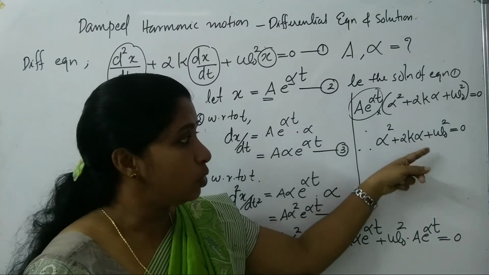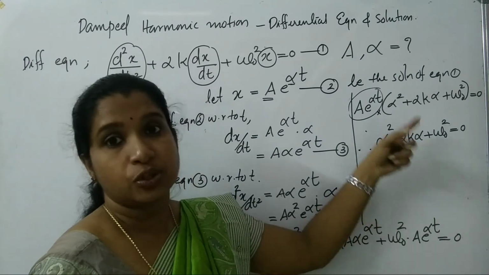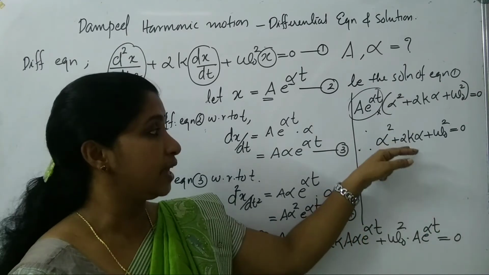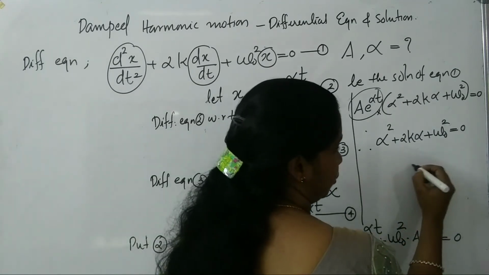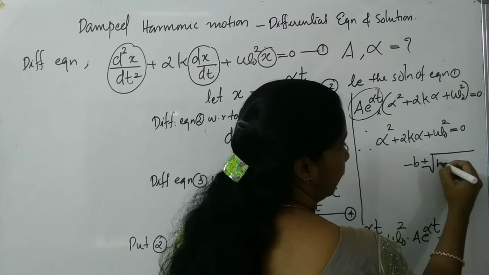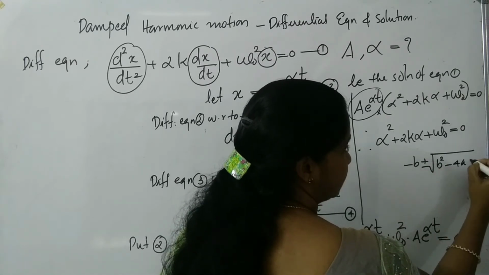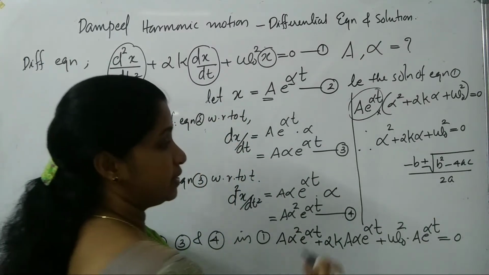Okay, so by solving this equation, we get the quadratic equation of alpha. By solving the equation, we get the general solution of alpha. We know the solution of a quadratic equation is minus b plus or minus root of b square minus 4ac by 2a. Okay, so here what's the value of a?